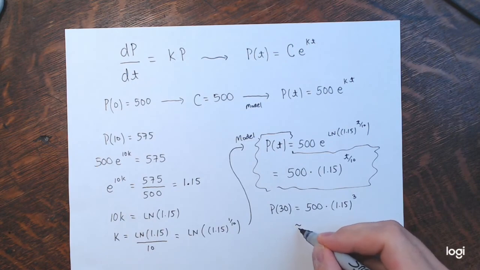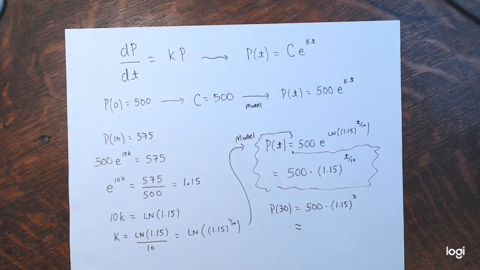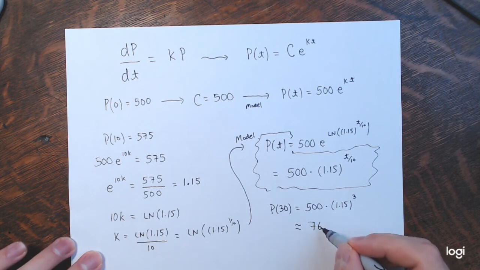And it's a population of a town, so again I'm going to round to the nearest whole number, the nearest person. So we have 500 times 1.15 raised to the 3rd power, about 760 people would be in this town after 30 years.